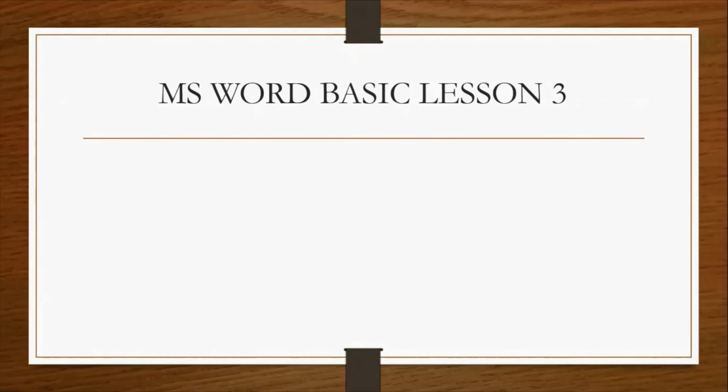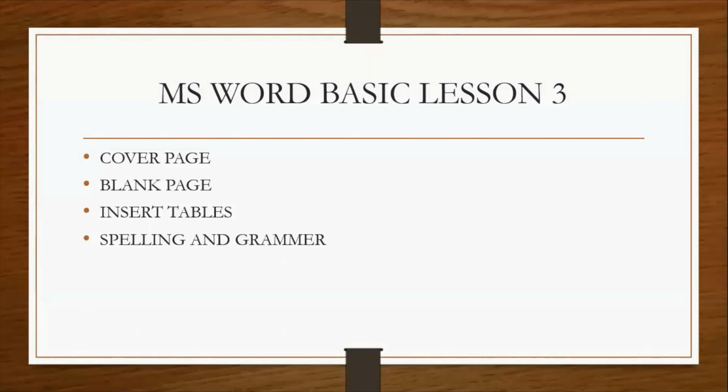So in Lesson 3, what you're going to be looking at is how we can add a cover page to our document, or add a blank page also, because there's more than one way you can add a blank page, and insert tables, because there are different types of tables. We're going to be looking at spelling and grammar, where we can find that and how we use it. Count words.